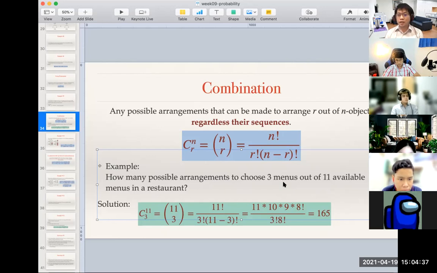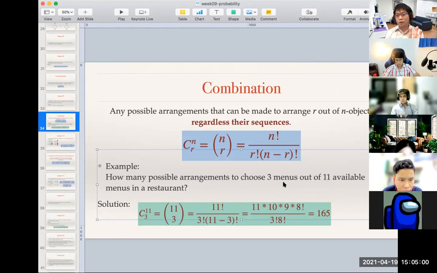Let's say I'm asking you to choose for the main course. Will these selections of your main course affect the way you eat? Let's say the restaurant has 5 selections of main course, and you can choose 2 out of 5.